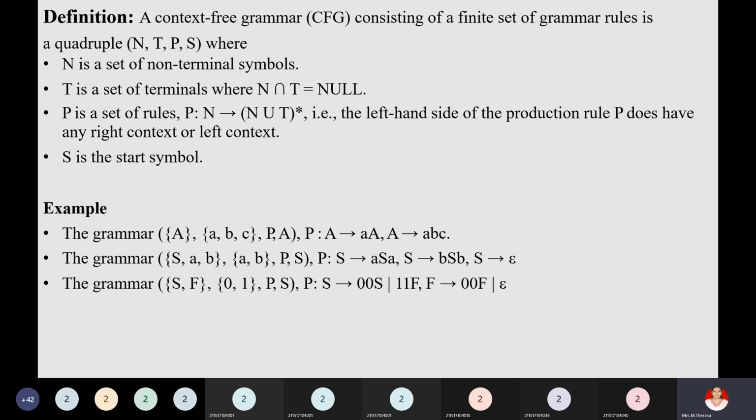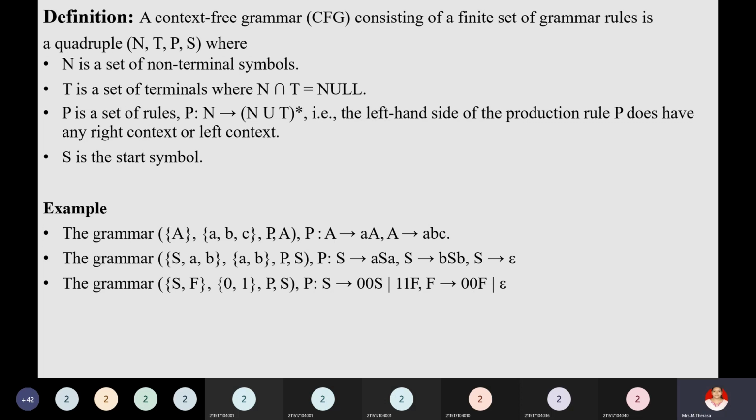And the next example, with the set of symbols a, b, then P, then S. Here S is the start symbol, and the production rules are S tends to ASA, S tends to BSB, S tends to epsilon.